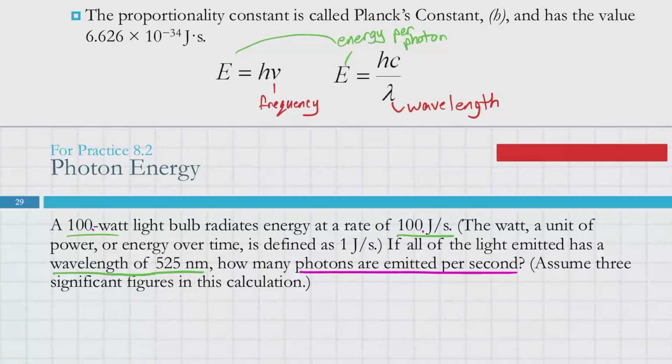Okay, where to start? Well, we've got some things that are given to us. We've got energy for our light. We're also given a wavelength. Since we have wavelength, we want to pick the equation that has wavelength in it. So we're going to use the one on the right, hc over lambda.